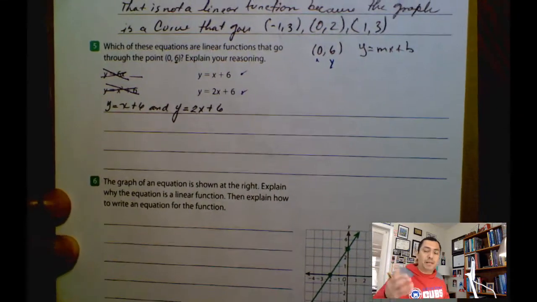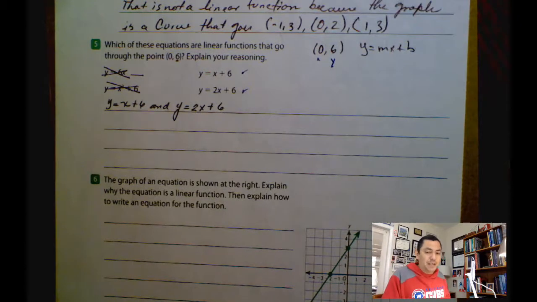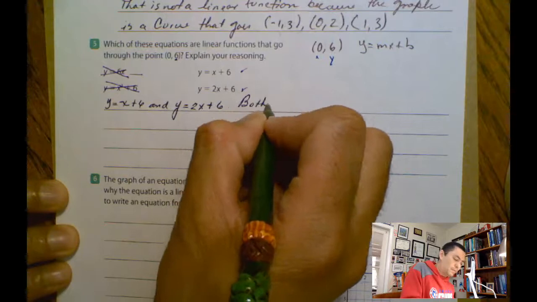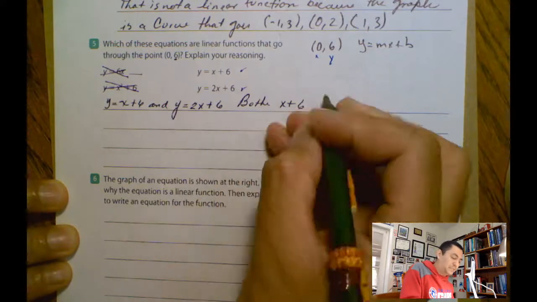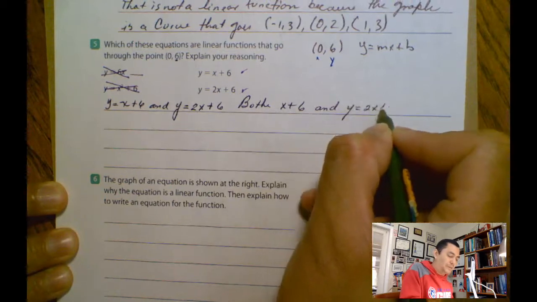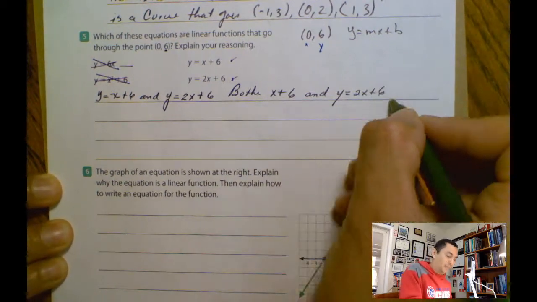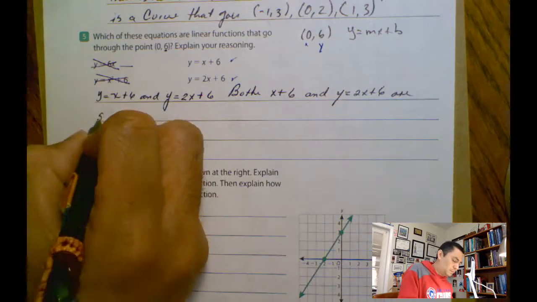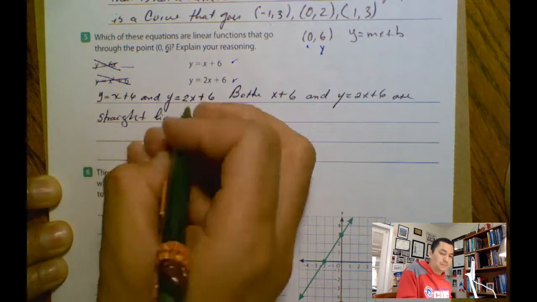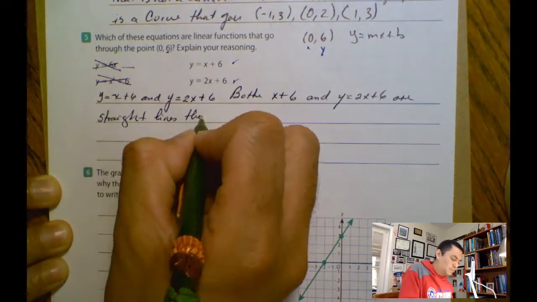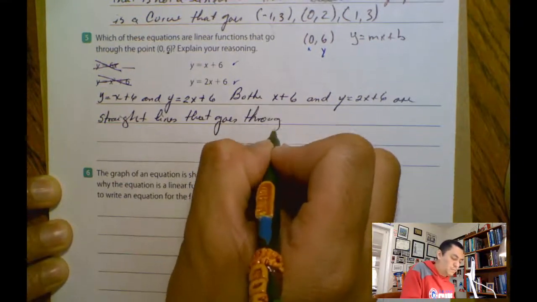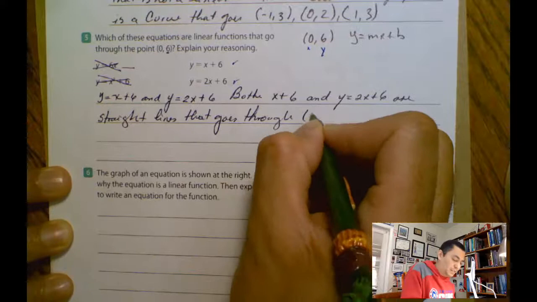You need to explain. We need to write in that space. So in this case, both y equals x plus 6 and y equals 2x plus 6 are straight lines that go through 0 and 6.